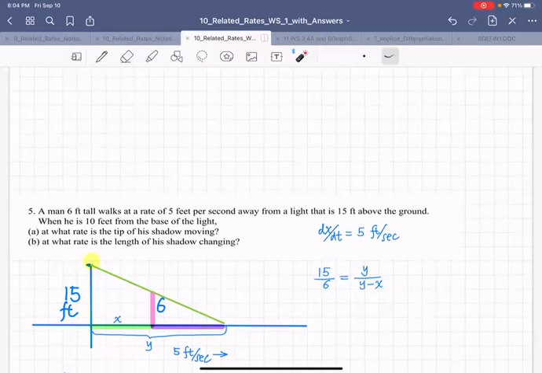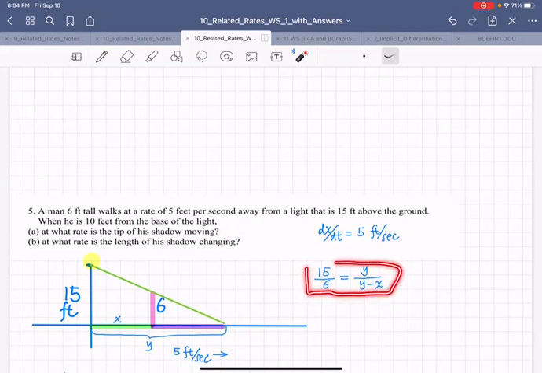So for the tip of the shadow moving, your tip is this y. If you are asking this, this is asking you dy over dt. Does this make sense? Yeah. This is asking for dy over dt.